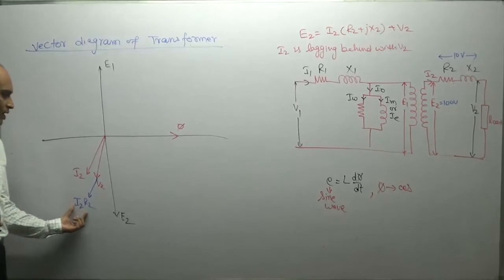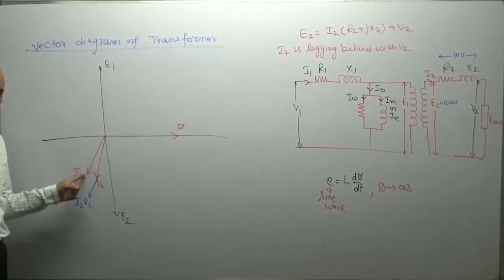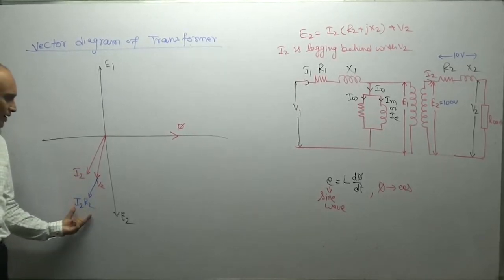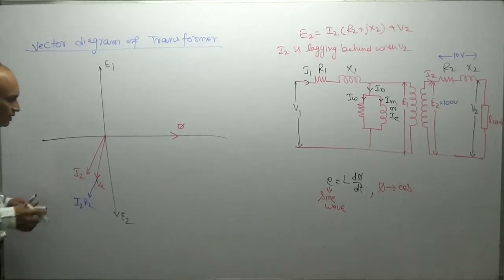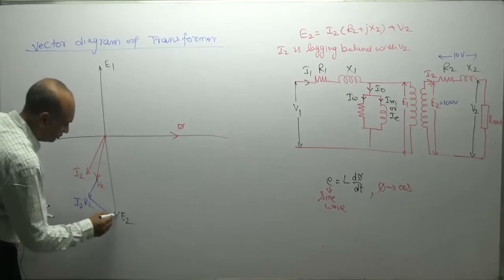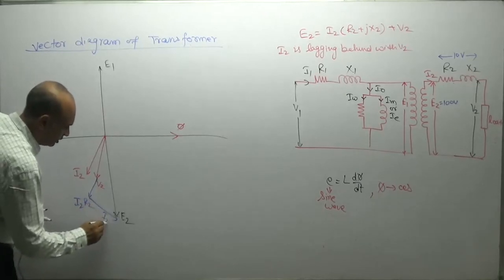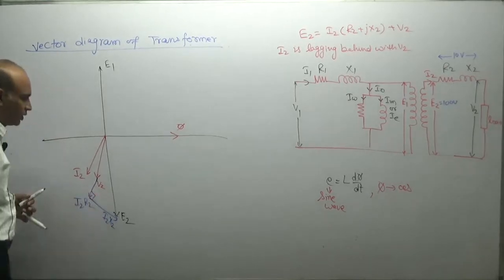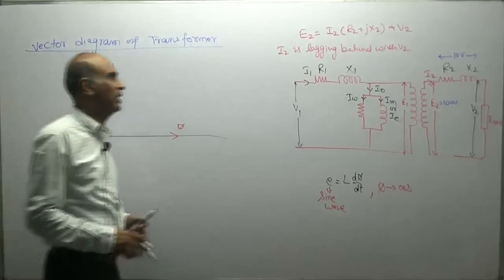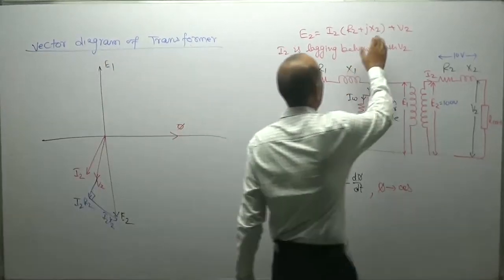The I2 R2 vector will be in parallel with I2. So this vector is representing this equation.